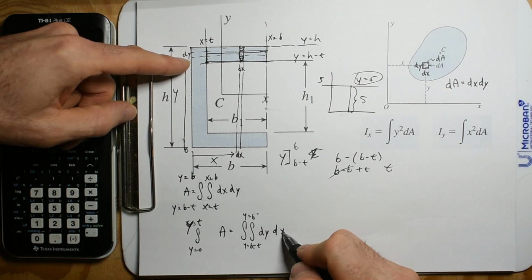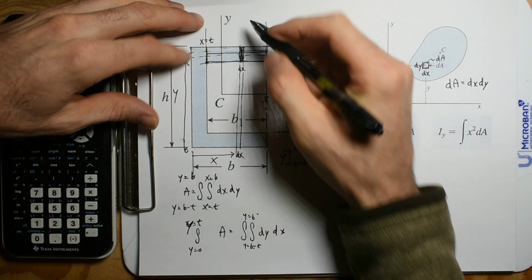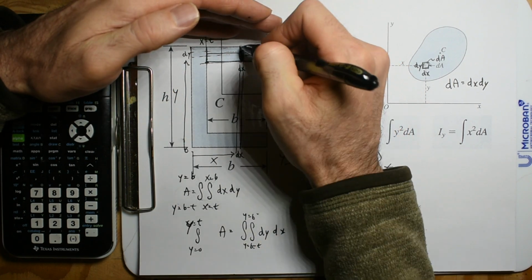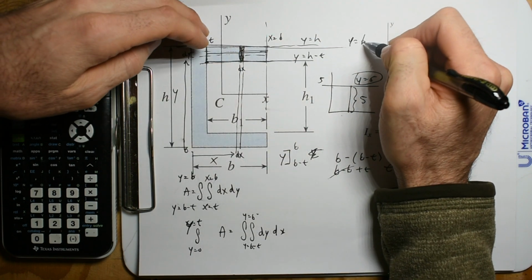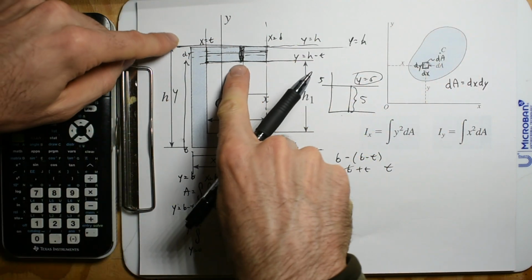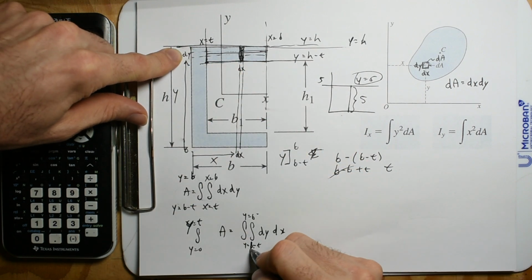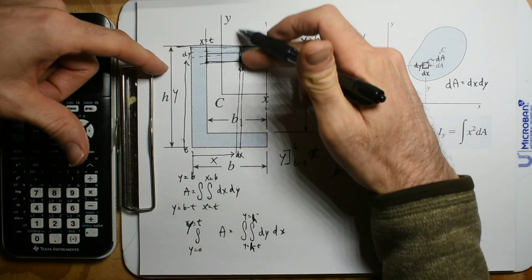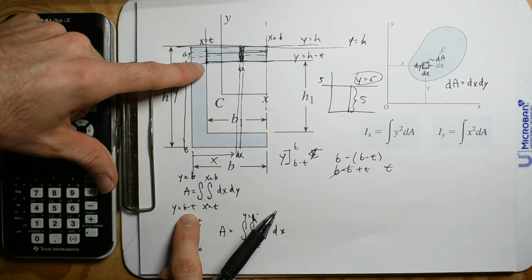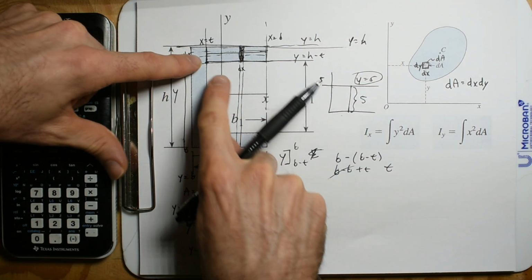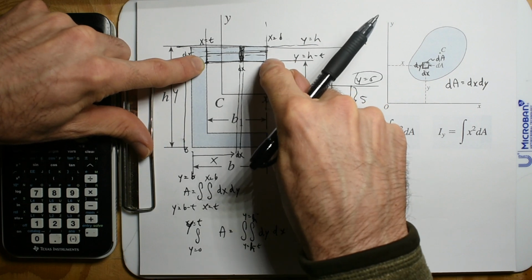Cool. And then once I get that line, which has a height, if this was the equation and it was just y equals h, my bad, this has to be h minus t. In this direction, that's h. And I think I messed up here as well. Bummer. The x direction is going to be b minus t.